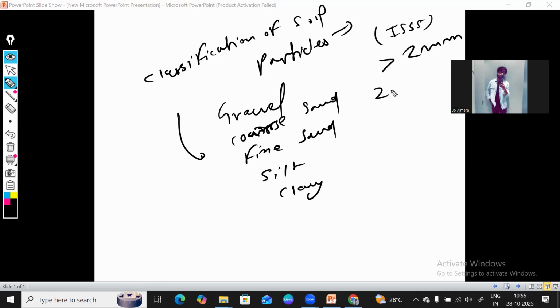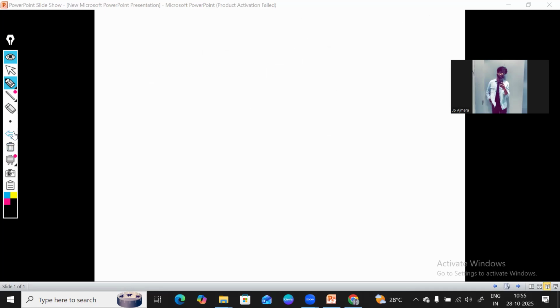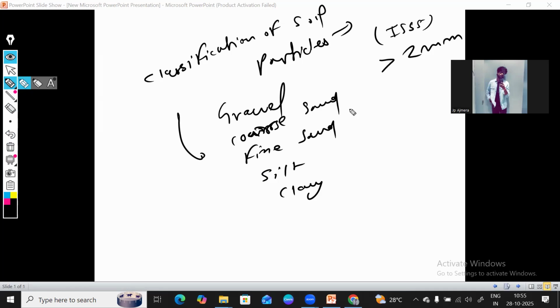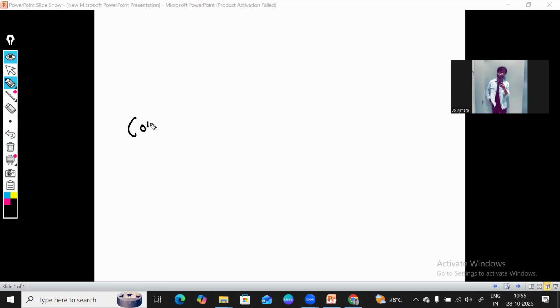When the size is less than 2 mm, we start from 2 mm. First is coarse sand, second is fine sand, third is silt, fourth is clay.